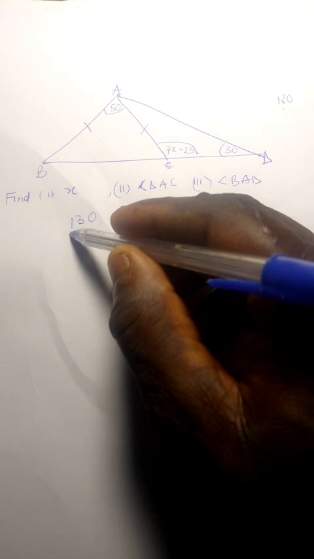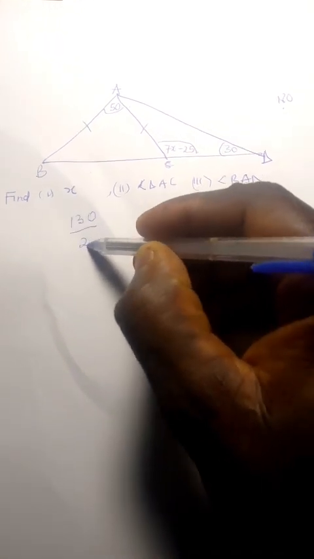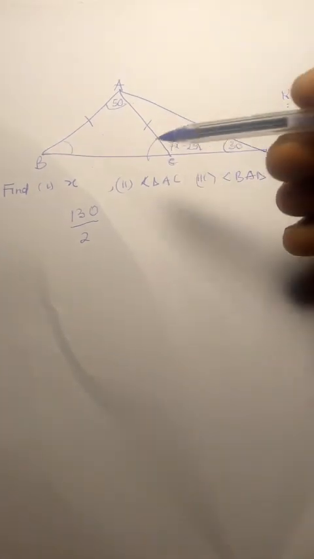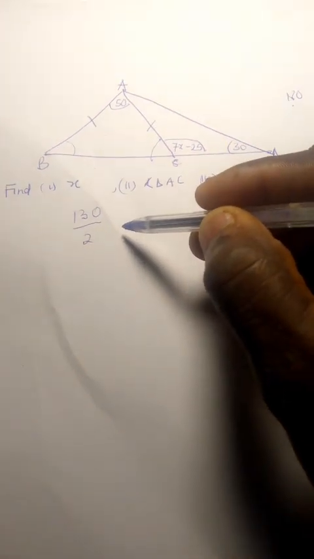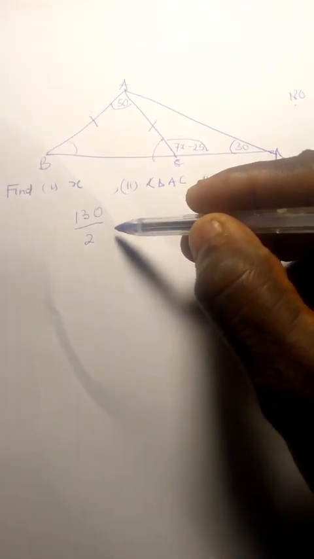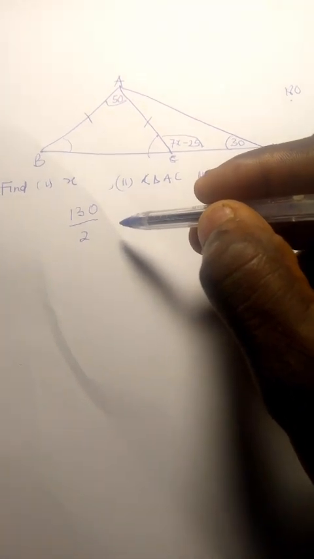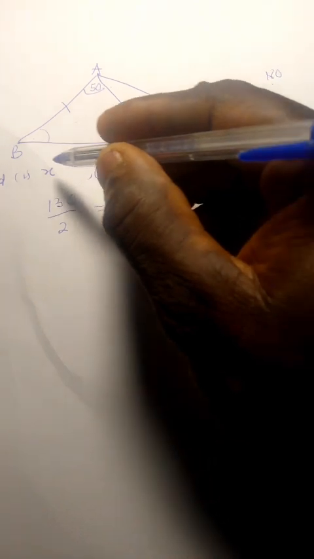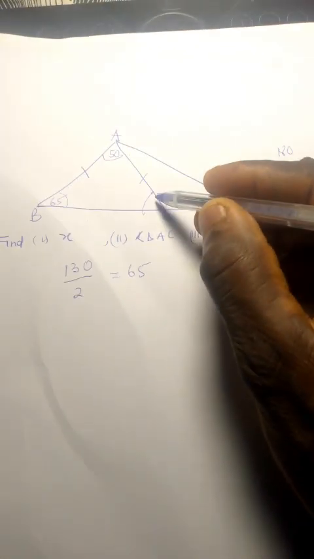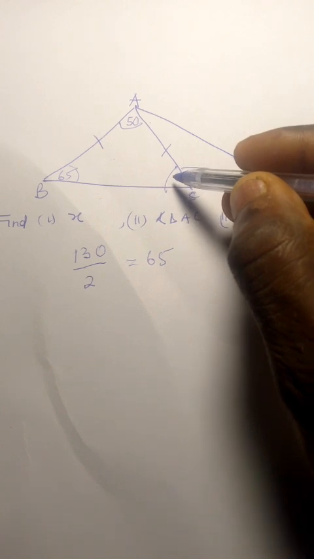Then when you divide 130 by 2, because each angle here and here should be the same, because an isosceles triangle has 2 of the angles the same, and this one indication tells us that they are talking about the 2 angles here. So you are going to have 130 divided by 2, and that will give you 65 each. That's 65. So it means this angle here is 65, and this side too is 65.